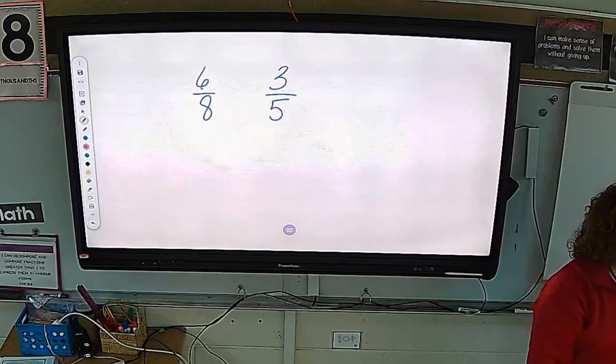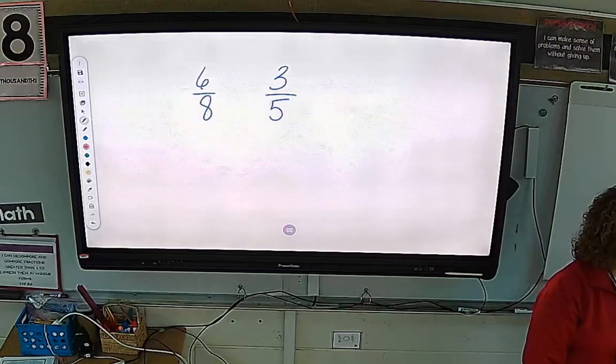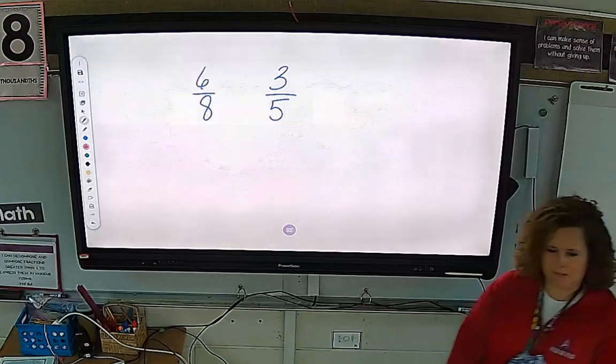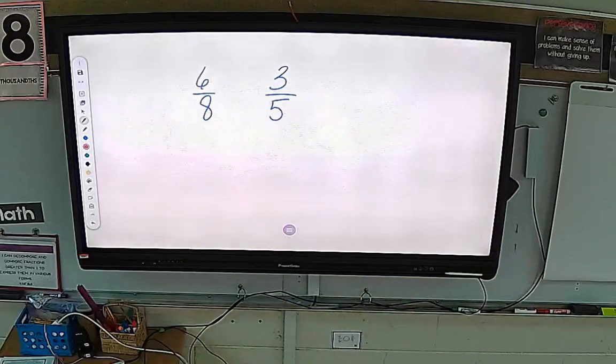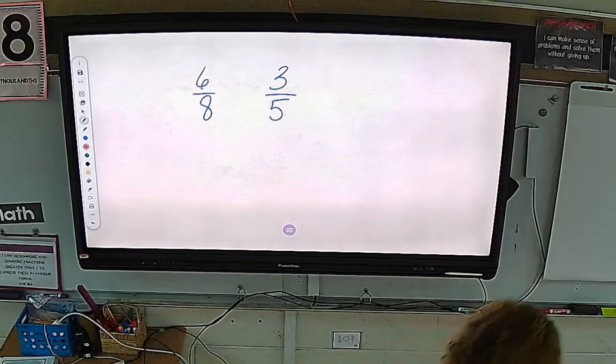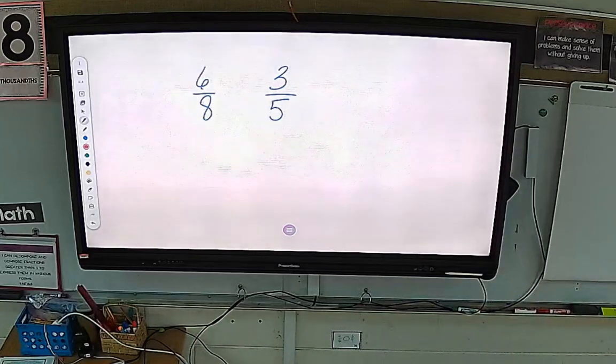See what you remember. Remember, there were two fractions that lived next door to each other in fraction land. They didn't get along.